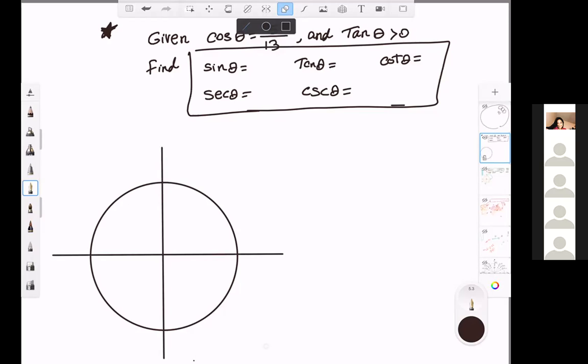Good. Then we know this is 0, that's pi half, this is pi, here's 3 pi half, that's 2 pi.